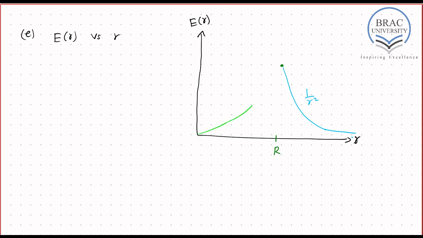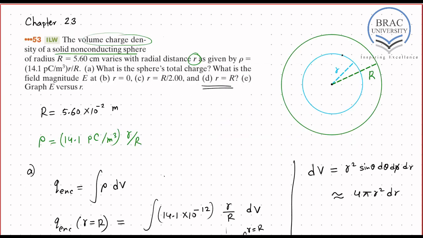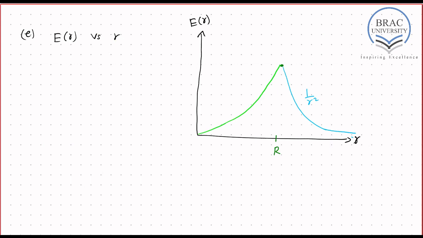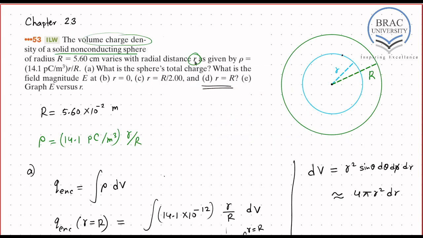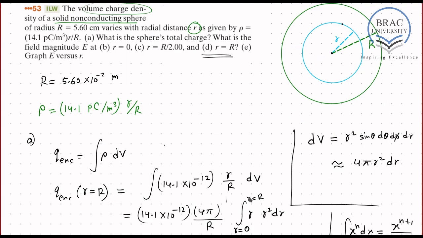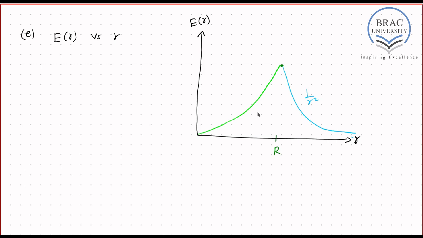It will increase slowly, not linearly. If the charge distribution was uniform, then we would have a linear relationship when small r is less than big R. But in this case, this is not the situation. Charge density is linear, and that's why our charge will increase non-linearly, and therefore we'll have this shape.